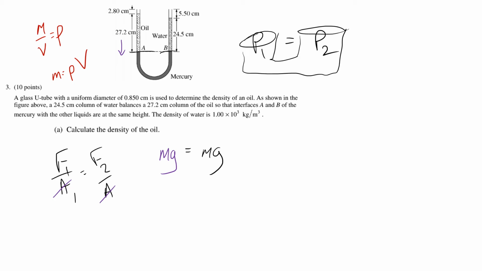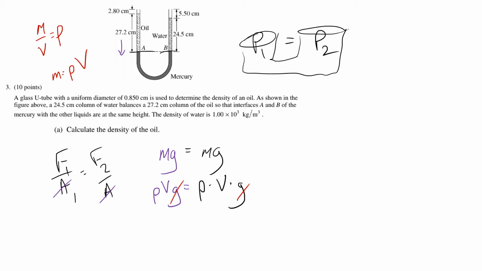So we know that the density times the volume times the gravity for the oil is going to equal the density times the volume times the gravity of the water. Gravity cancels out because, you know, it does.